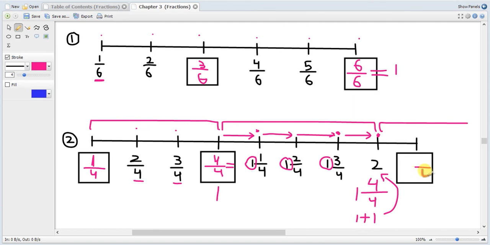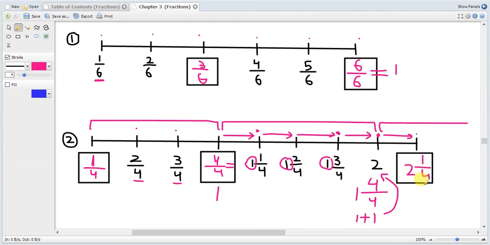So the total number of patches is again 4 here. Now we start over the sequence after 2. So 2 is my whole number, and we have just traveled one patch, so 1 should be here. And if there are more patches you keep on adding, then it will become 2 whole, 2 over 4. Then for the third patch, 2 whole, 3 over 4. And then the fourth patch, 2 whole, 4 over 4.